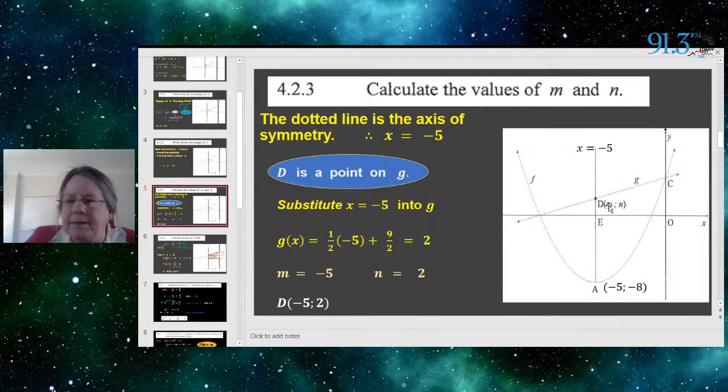So therefore, m is -5 too. So we need to calculate the y. So we need to see D is a point on graph G, and that is why we substituted the -5 into that formula to obtain the y value.